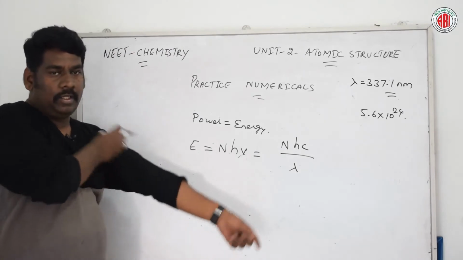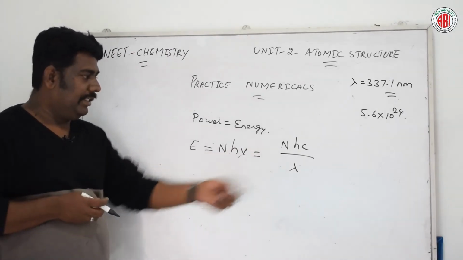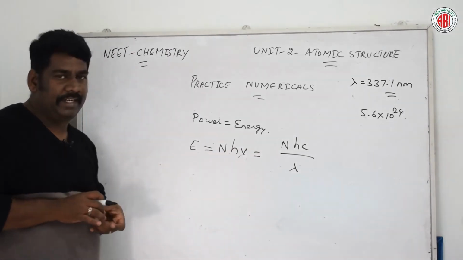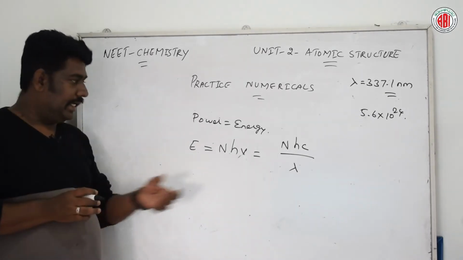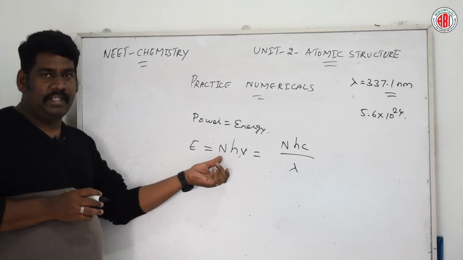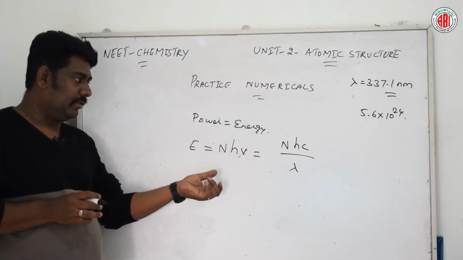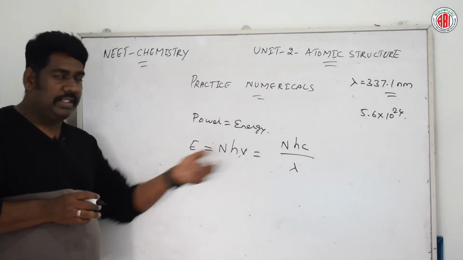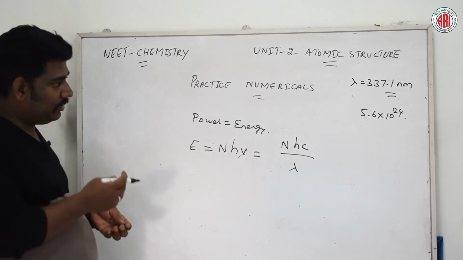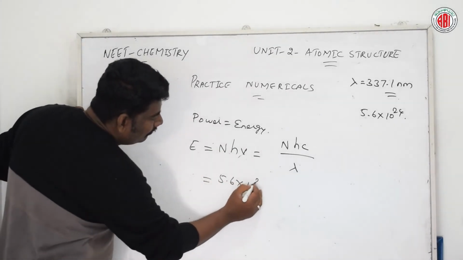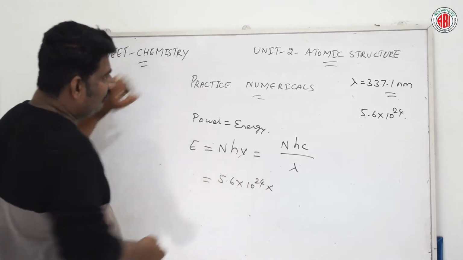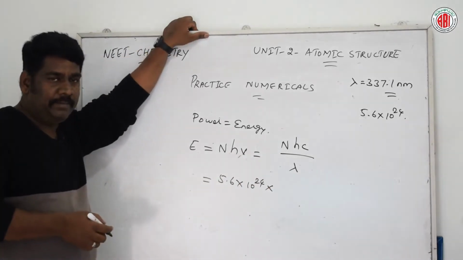Now let us apply all the values in that given formula so that we can find the power of the laser. Here n stands for the number of photons emitted, which is given in the question as 5.6 into 10 to the power of 24, into h. What is h? Planck's constant.